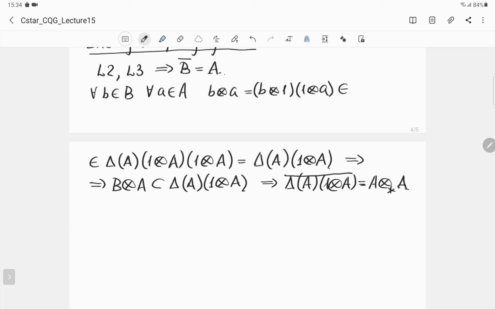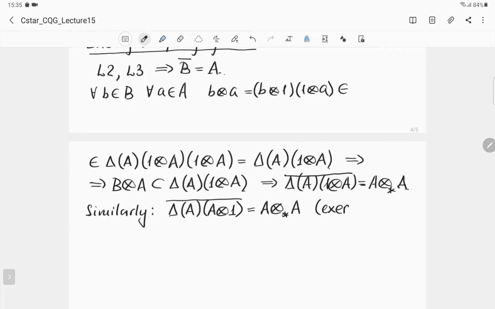The second density condition is proved similarly: a similar argument shows that delta of A multiplied by A tensor 1 is dense in the tensor product. This is a little exercise, which is very easy. And this completes the proof.